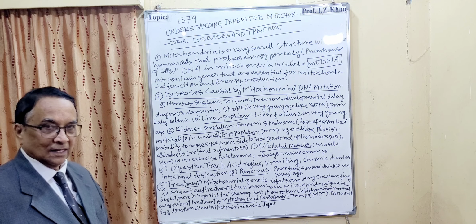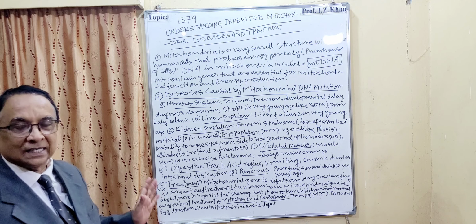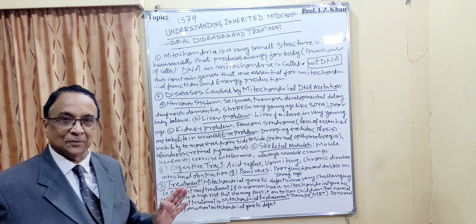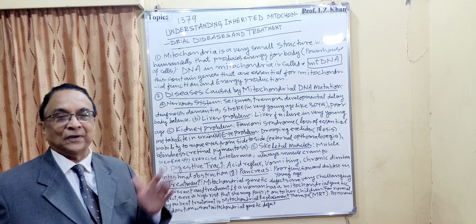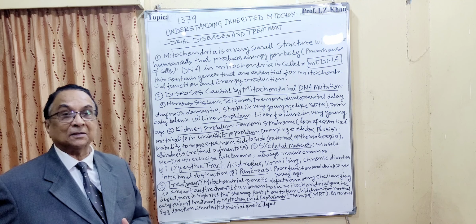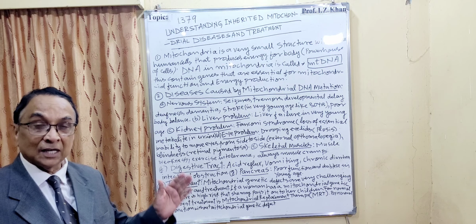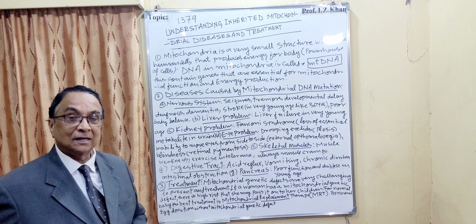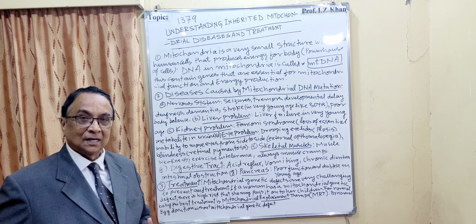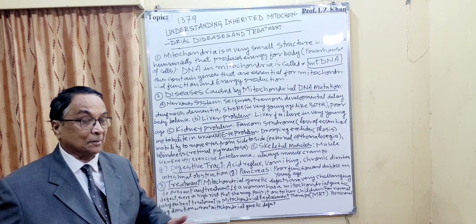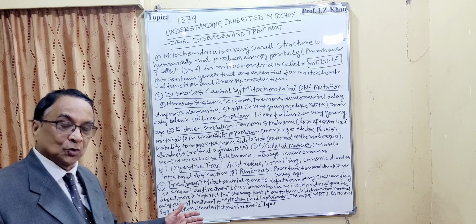Treatment. How to treat? The only treatment, the best treatment, is replacement of defective, genetically defective mitochondria. Nowadays, there are women who donate normal cells containing normal mitochondria so that they can be used.